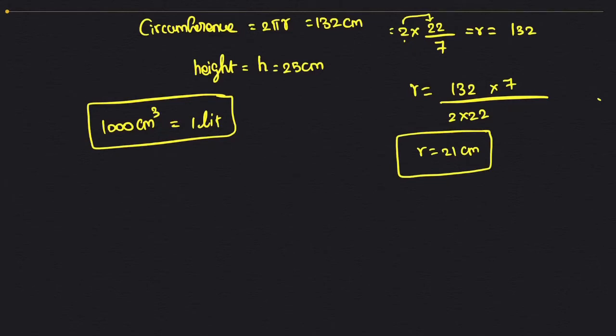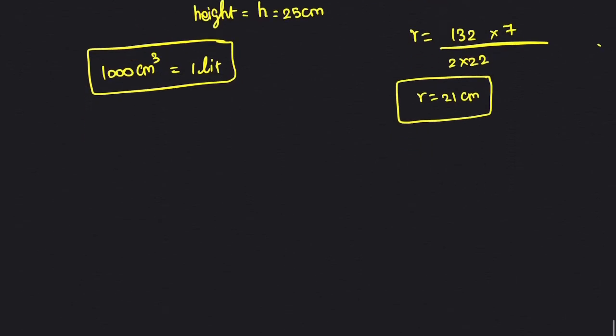Then the volume of the cylinder is pi r square times h.